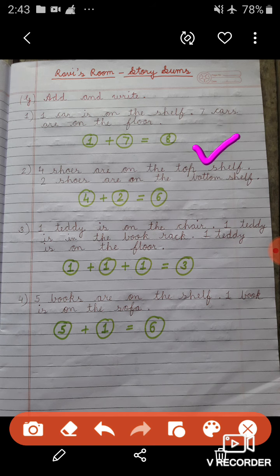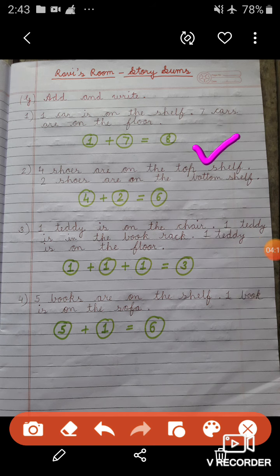You know very well, in one pair of shoes there are 2 shoes. So on the top shelf there are 2 pairs of shoes because here 4 shoes are on the top shelf is written. Here we have to tell how many shoes Ravi has.